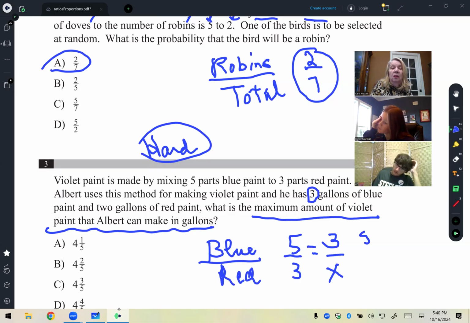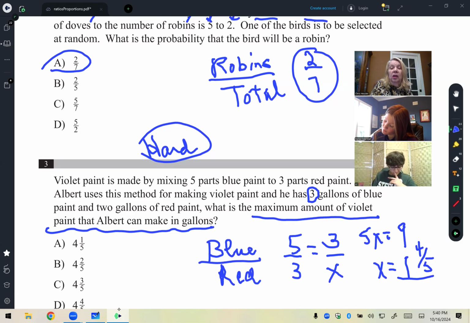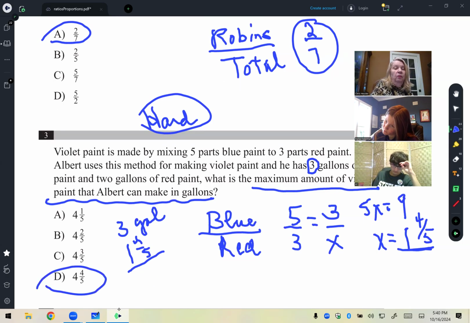We're going to cross multiply. And so we cannot use all of our red paint. We can only use 1 4/5 of it. So we have 3 gallons of blue, 1 4/5. And so that's going to be 4 4/5. Just a little bit different twist.